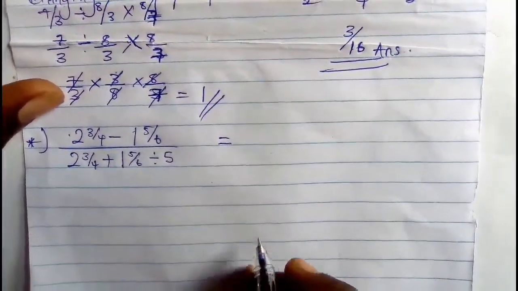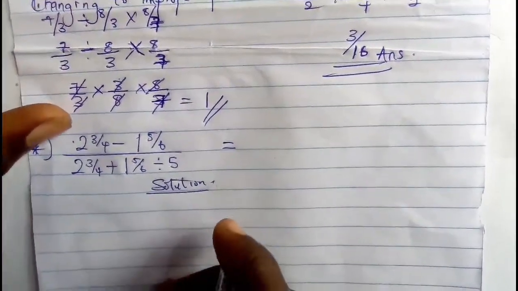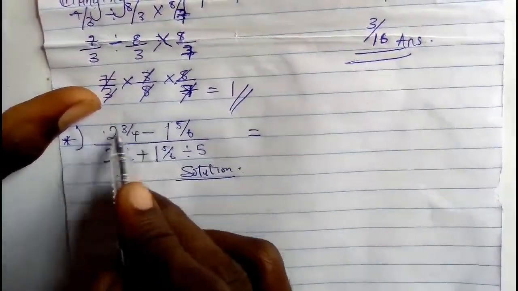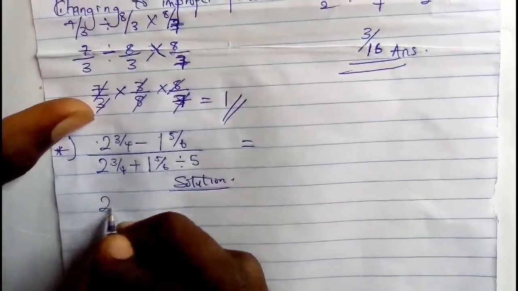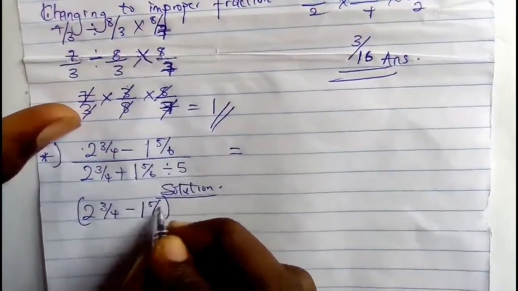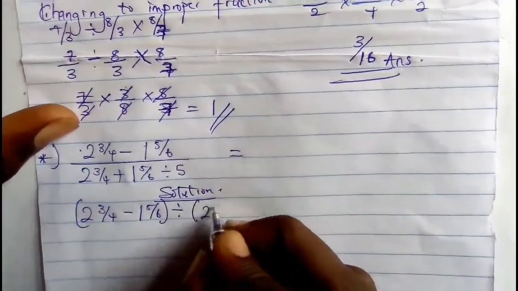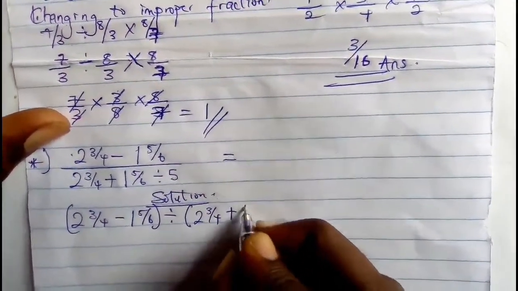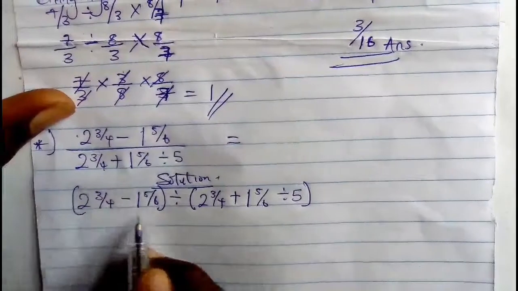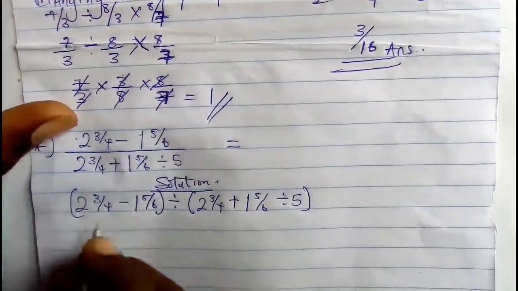Let me write it out first: open bracket 2 whole number 3 all over 4 minus 1 whole number 5 all over 6 close bracket, divided by open bracket 2 whole number 3 all over 4 plus 1 whole number 5 all over 6 divided by 5 close bracket.